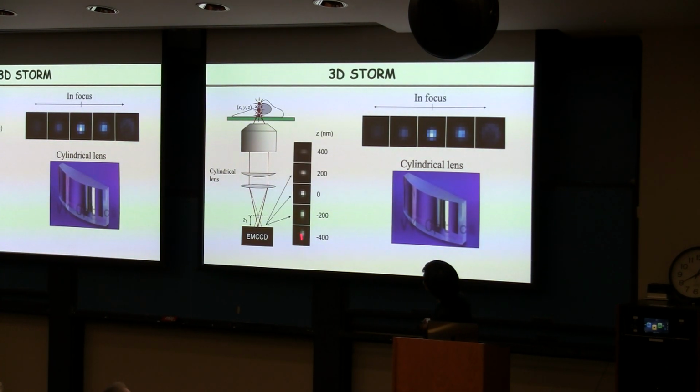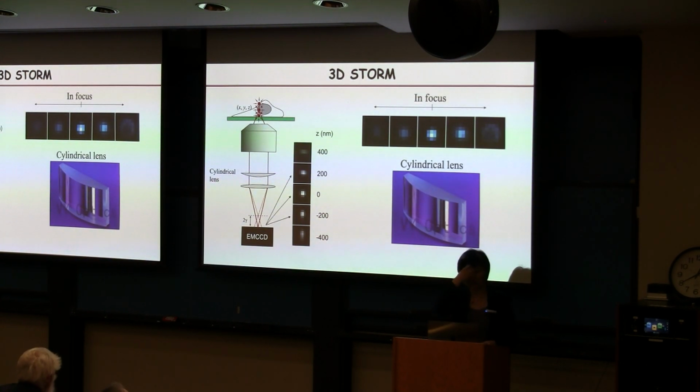As a result, the single molecule images turn elliptical, and the ellipticity depends very sensitively on the Z position of the molecules. Below and above focus, they are elongated in perpendicular directions, which breaks the degeneracy.